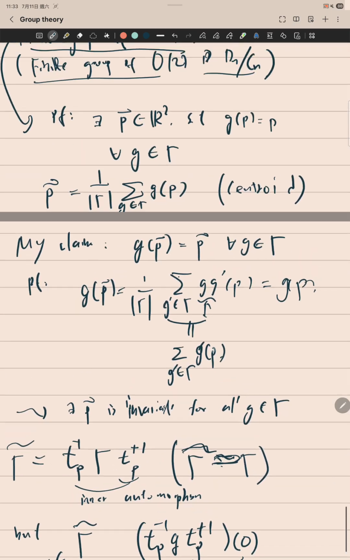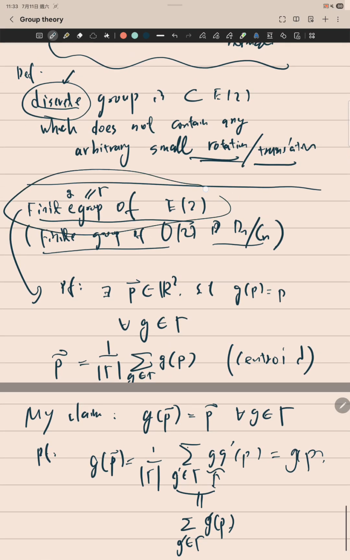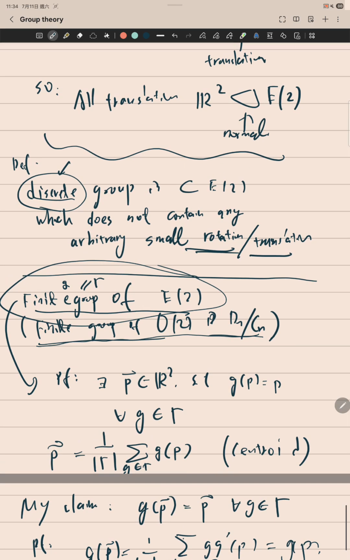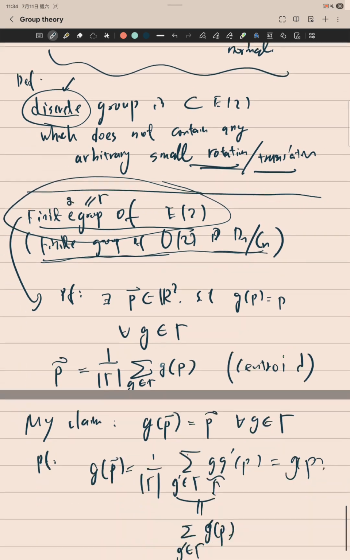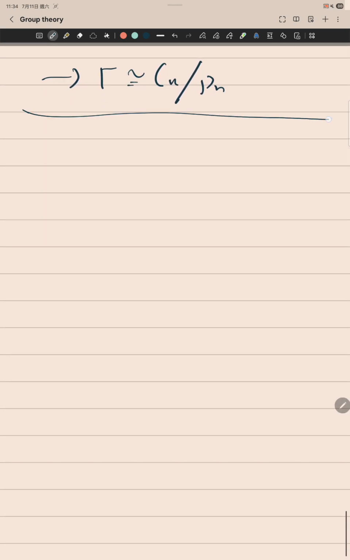So this means that if I study a finite group of the Euclidean group, then it's the same as a finite group of O2. So this is the finite group. But to study the discrete group, we need to have some tool.